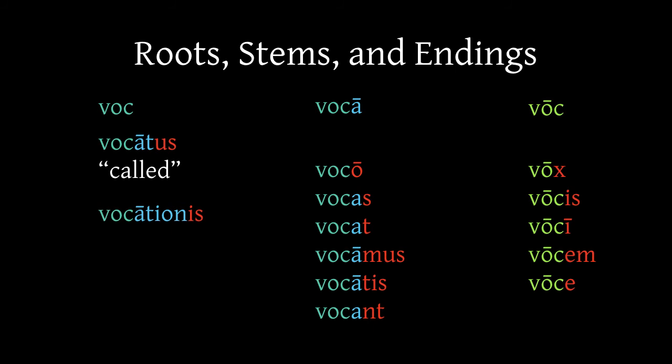Many of you are trying to discern a vocationis right now. This is simply voc, the root, plus azion, the stem, and is, the ending. So, calling. You can also have a vocula, which is a little voice. This is just adding ulla, the Latin diminutive stem, and you have little voice.